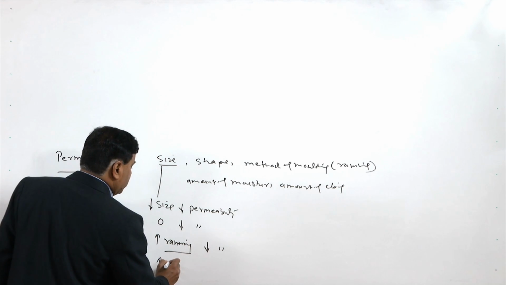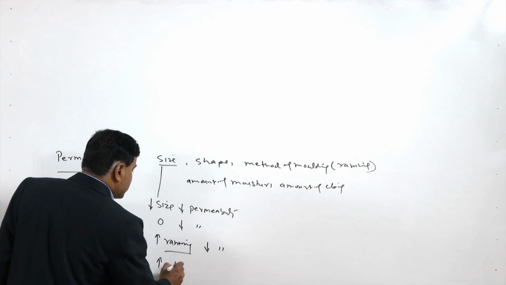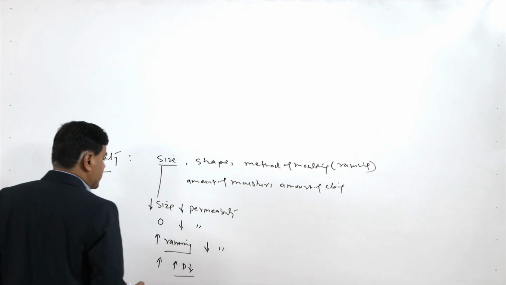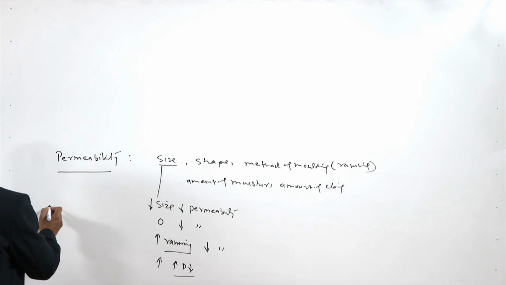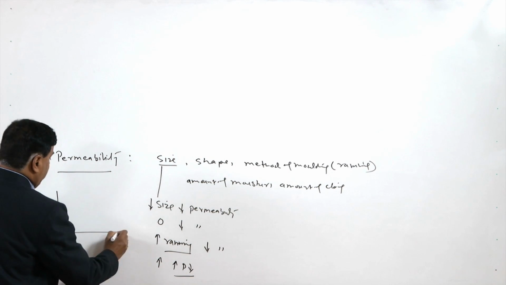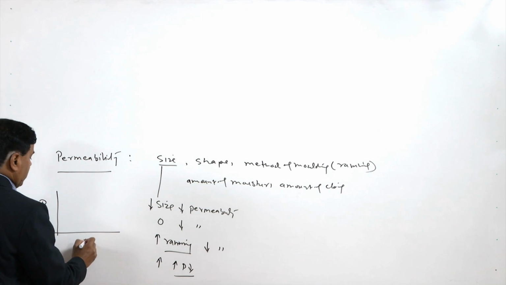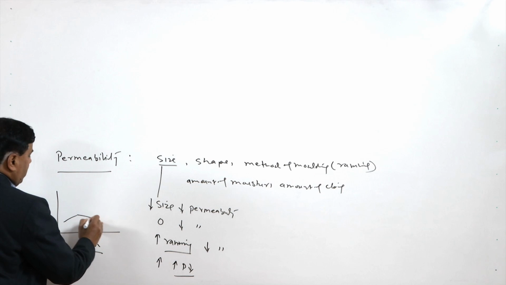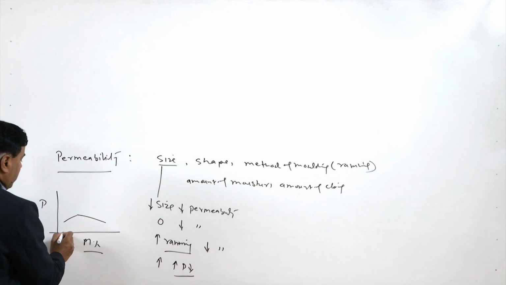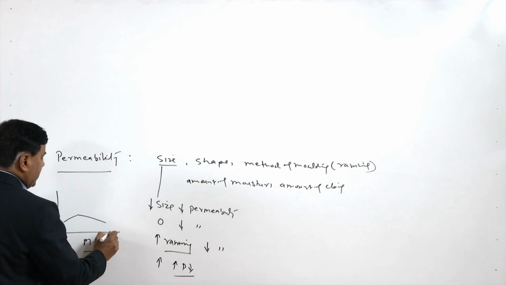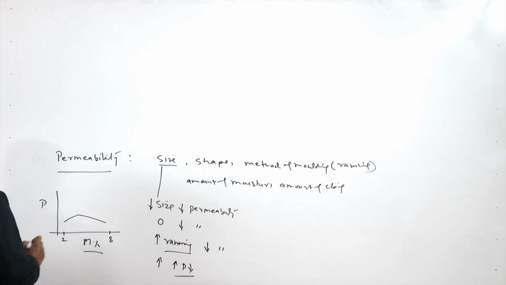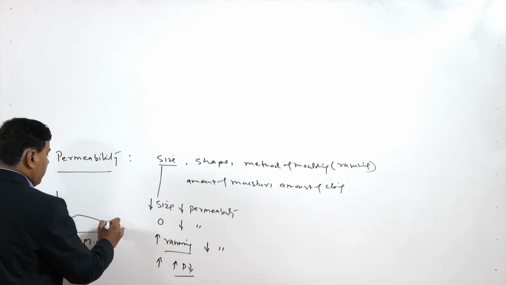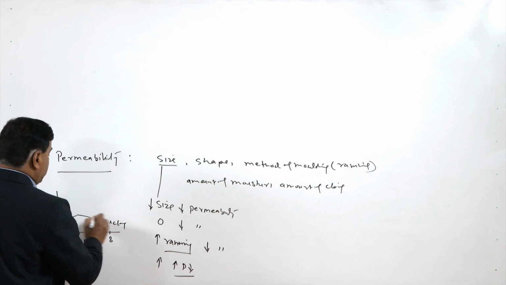Increasing amount of the moisture first increases the permeability and then decreases. So, if we draw the permeability versus moisture percentage relationship, it comes out like this. Here first there will be increase in the permeability and then it reduces depending upon the amount of the clay which has been used.